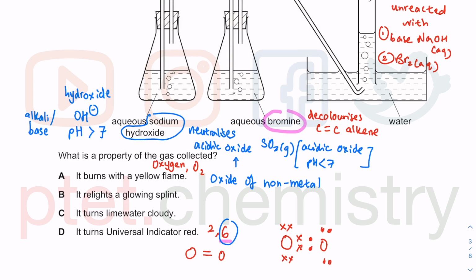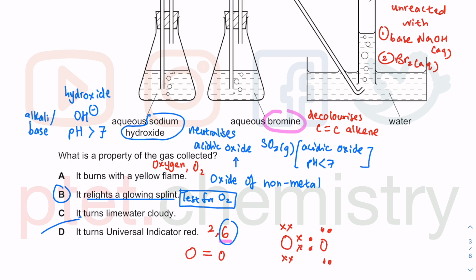We don't care about the inner shell as they are never used for bonding. Now, does it burn with a yellow flame? Not really. It burns with a blue flame. It relights a glowing splint. That is correct. That is the test for oxygen from Year 10, test for gases under experimental techniques and observation.